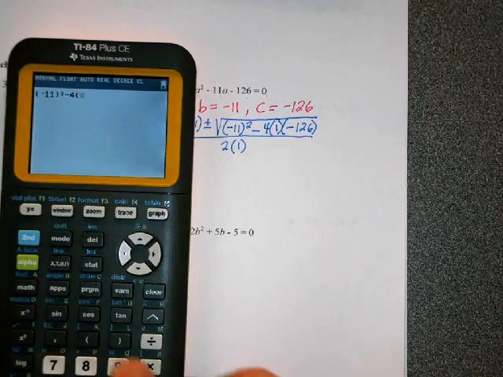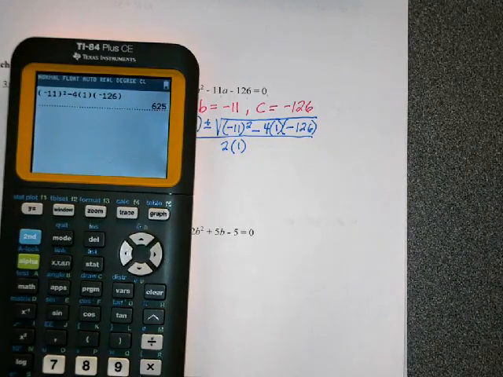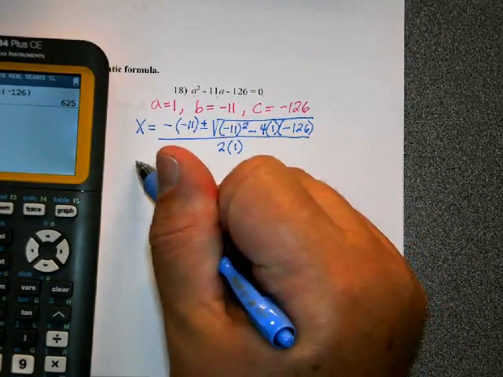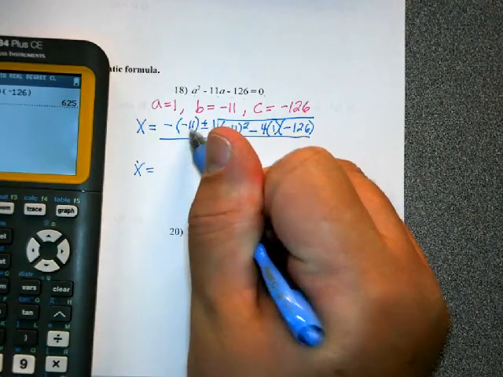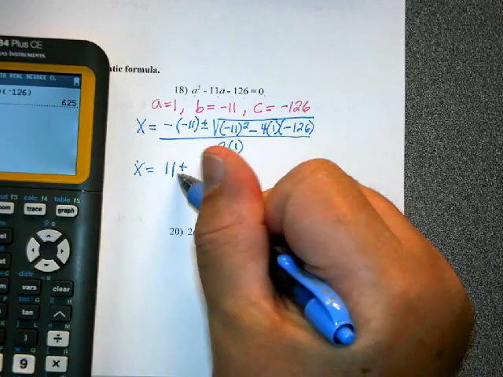And I get 625. Ooh, lucky me. See, x equals negative 11 is a positive 11, plus or minus square root of 625 all over 2.